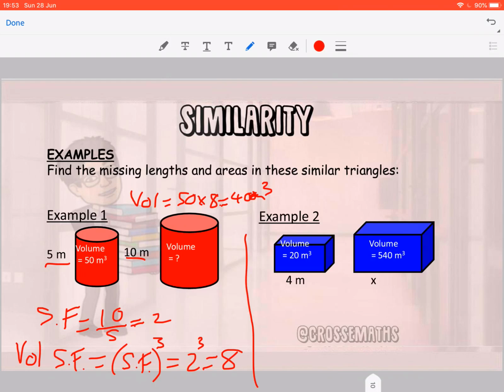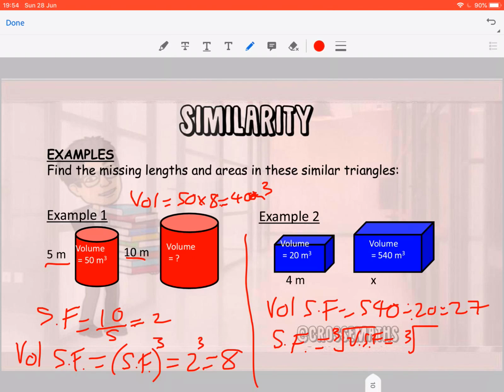Same thing on example 2, but again, we haven't been given the lengths, we've been given the volumes now. So I'm going to find out my volume scale factor by dividing my two volumes. 540 divided by 20 gives me 27. If I want to find out my normal scale factor, I've got to cube root my volume scale factor.